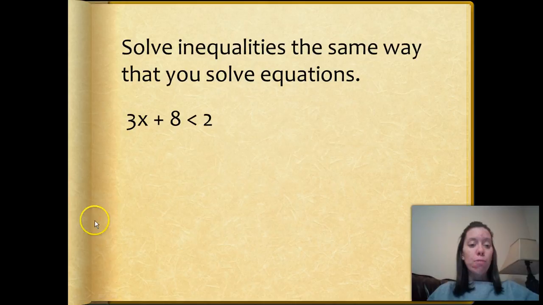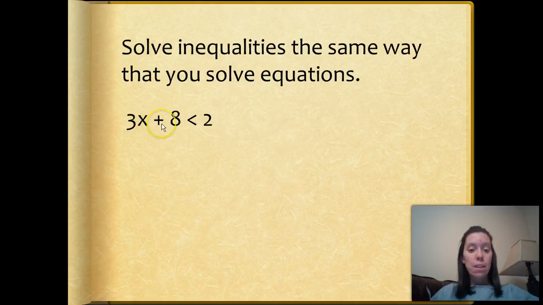So we would have to get rid of 3 and 8. Since 3 is being multiplied by x, we would get rid of it with division. Since 8 is being added to x, we would get rid of it with subtraction. And for solve, we always go in the reverse order of operations.